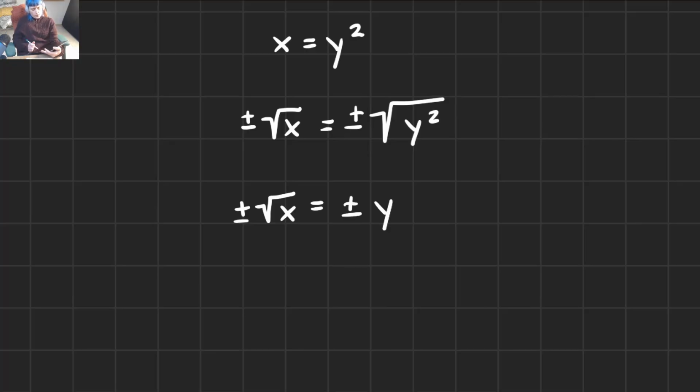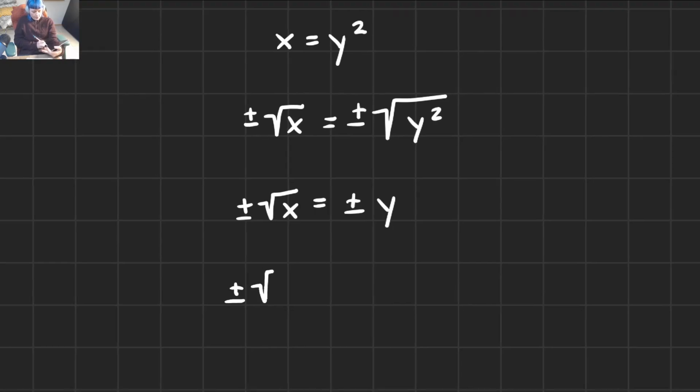And then we're going to switch the variables back because I've solved for y. It's still plus or minus y, but I can't make that decision until I take a look at what the domain and the range are. So we're going to switch y back to x and x to y.